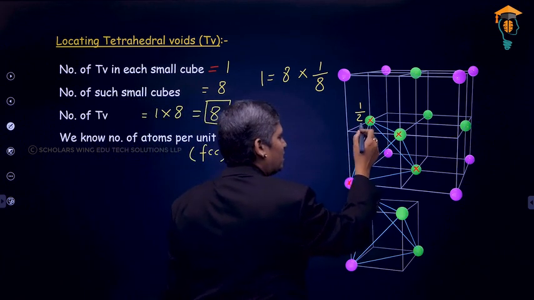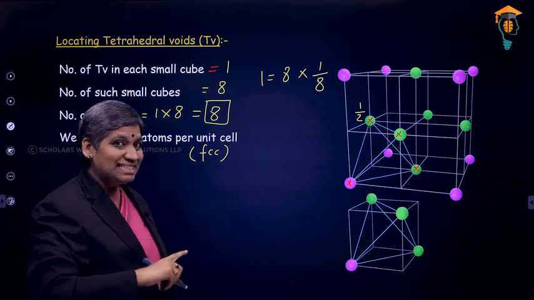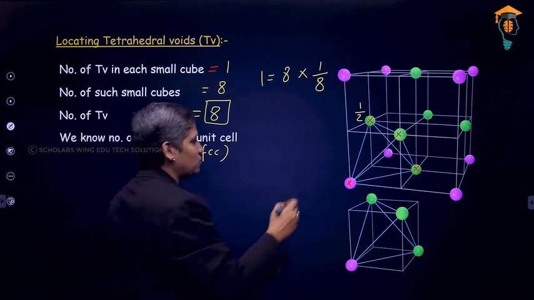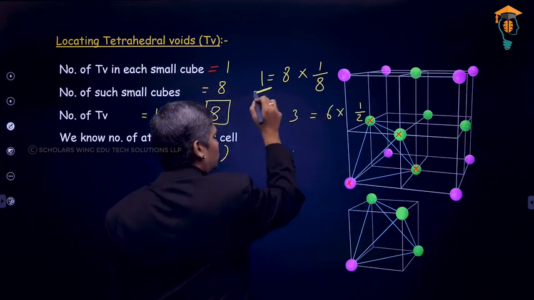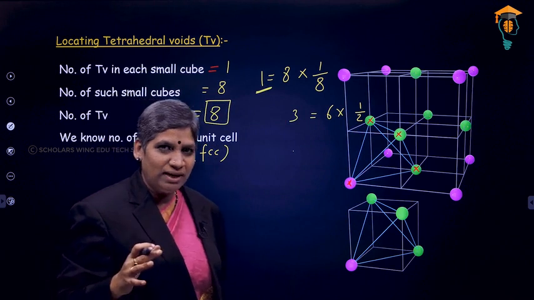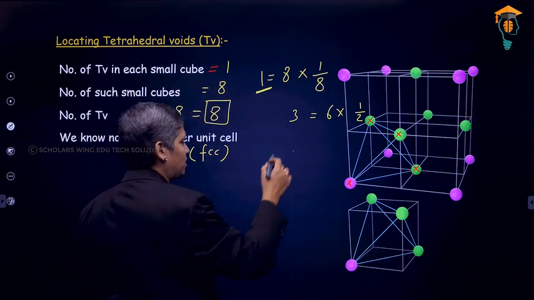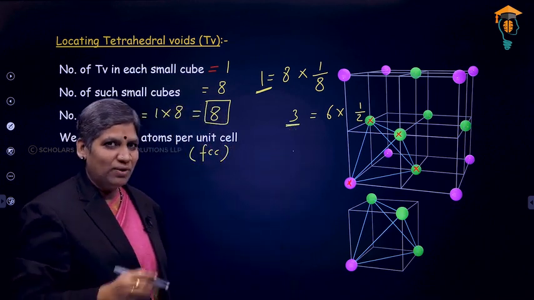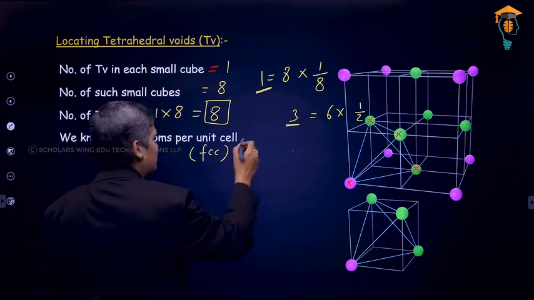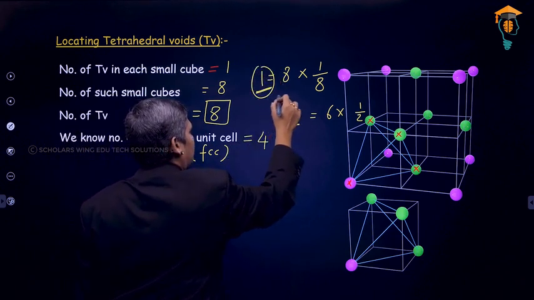And half is the contribution made by one face-centered atom, but there are 6 such face-centered atoms. So half into 6 will be 3. So you have 1 due to exclusively the spheres at the corner positions and 3 due to the spheres at the face centers. Therefore, 1 plus 3 is 4. Okay. Actually, it is 4. Clear?